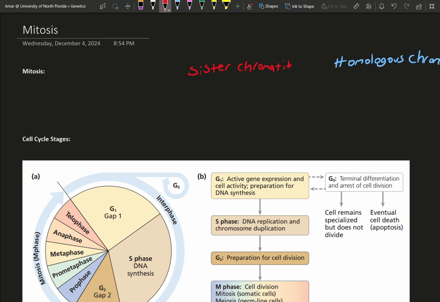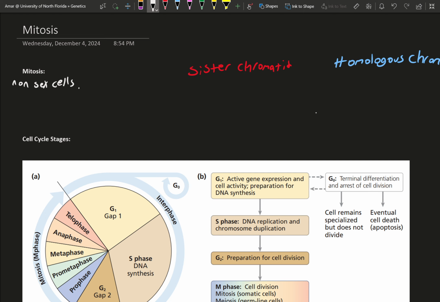But to begin with, we're going to look at the most common one, which happens in all somatic cells or non-sex cells. And in this process, you're generating an identical copy of the cell.